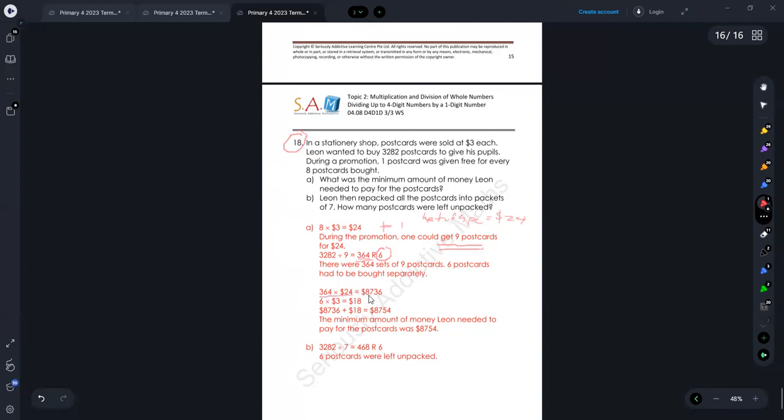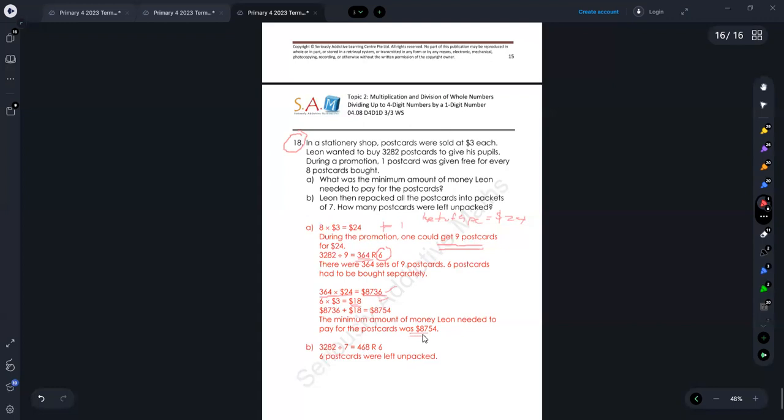That will give you 8,736. Then there are 6 postcards that you need to buy at the original price without any promotion. That will be 6 times $3, $18. So the total will be this special price plus this usual price, because you only buy 6, and you need to buy 8 in order to get the promotion. And that will get you the answer.